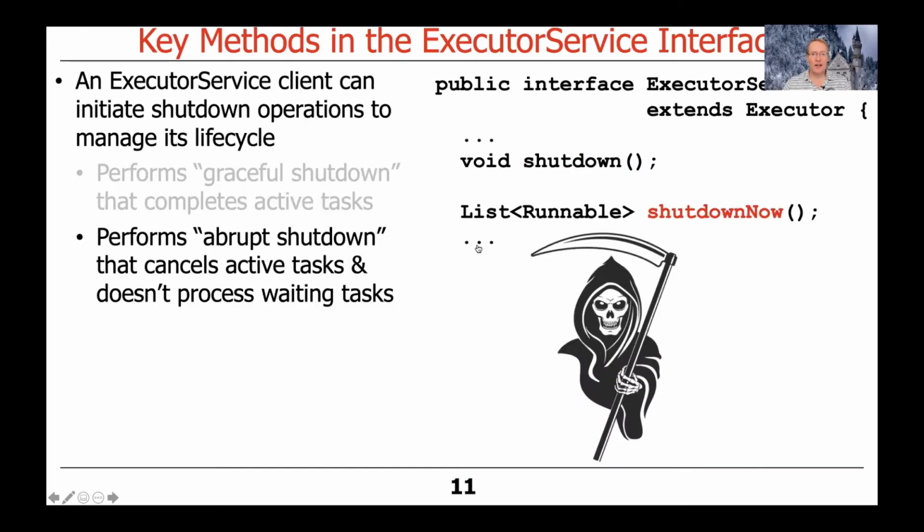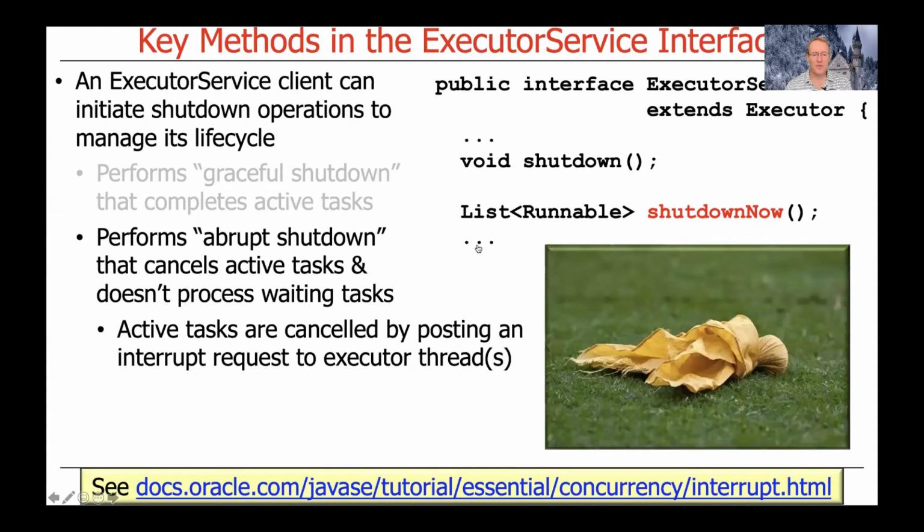Conversely, the shutdownNow method is more draconian. So what it will do is it will actually go out and attempt to cancel active tasks by interrupting them. And of course, it also doesn't process any waiting tasks, and it ignores any new tasks that are submitted as well. So it's a bit more forceful in what it tries to do.